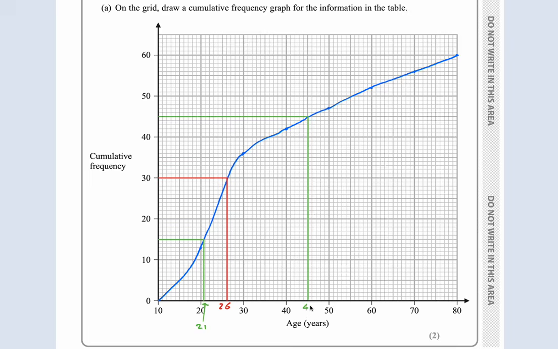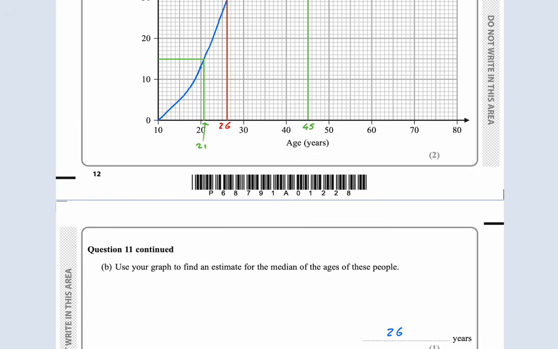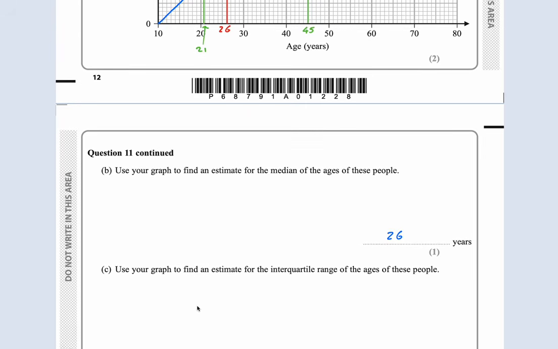This is 45. The interquartile range is then 45 minus 21, which is 24.